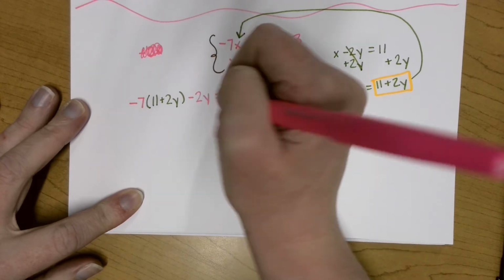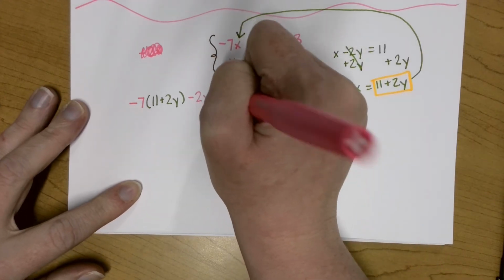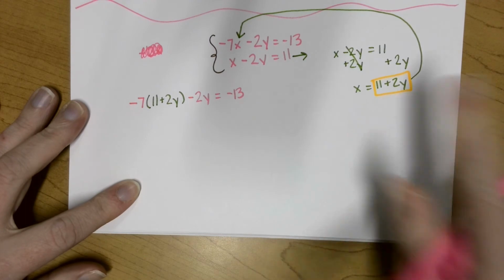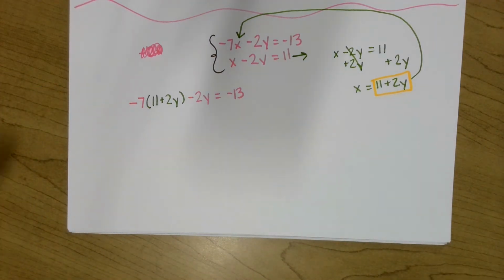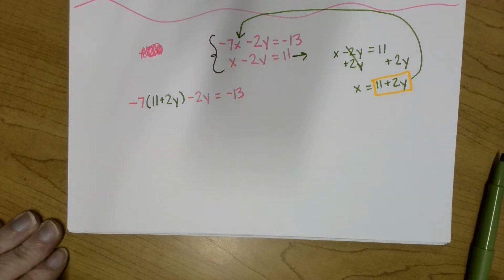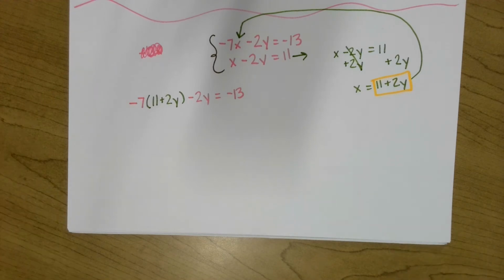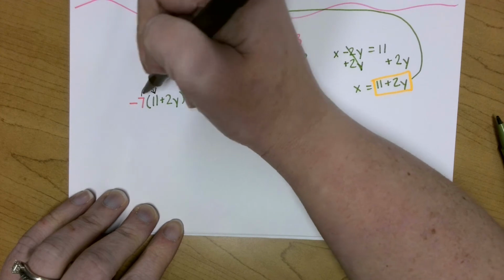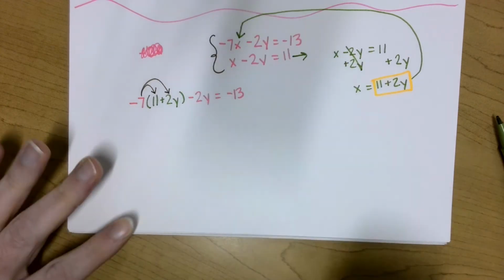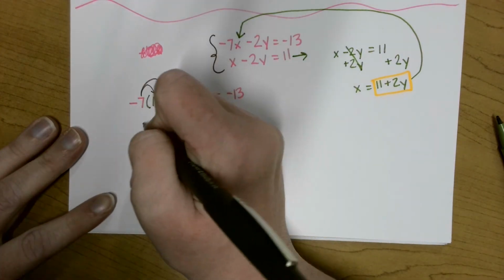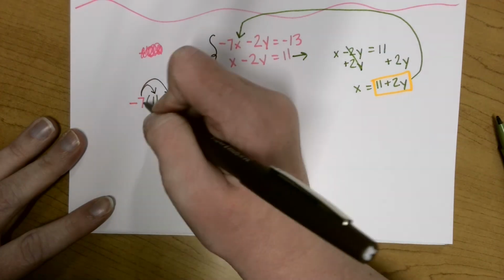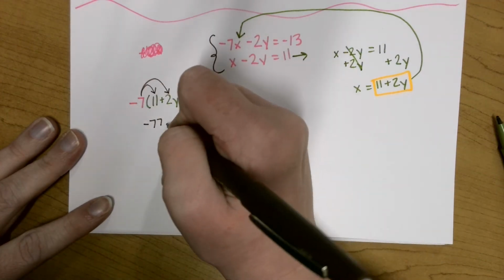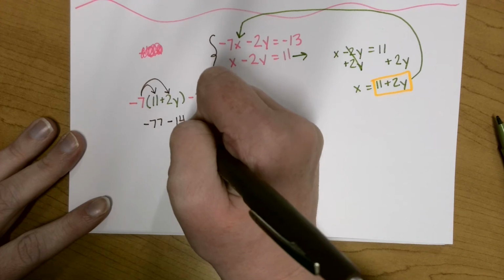Okay, so all I've done so far is replace the x with what x is equal to. So now all I'm going to do is start solving. So to simplify this as much as possible, you're going to distribute this -7. And -7 times 11 is -77. -7 times 2y is going to be -14y.